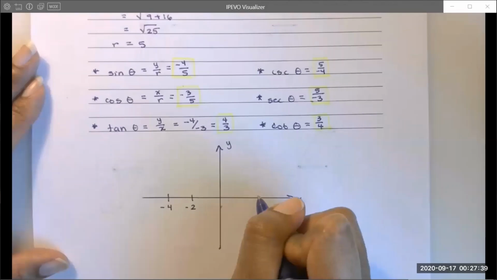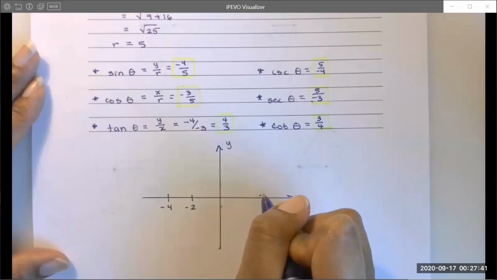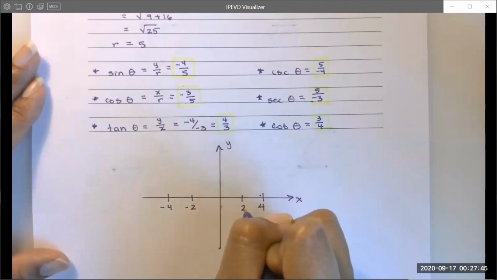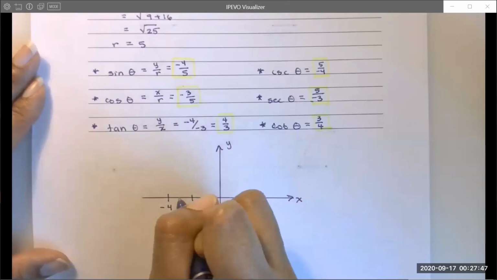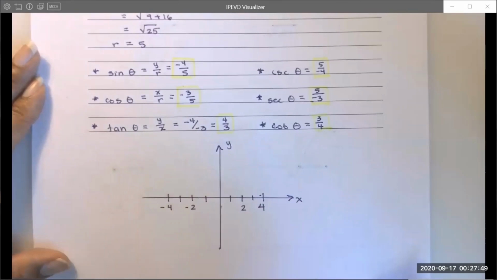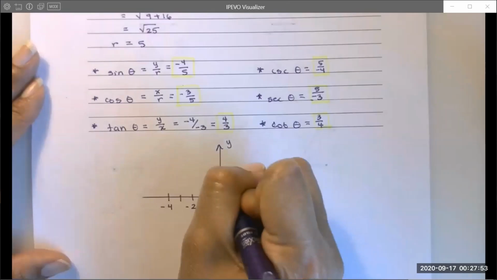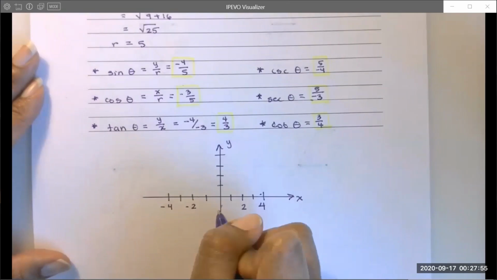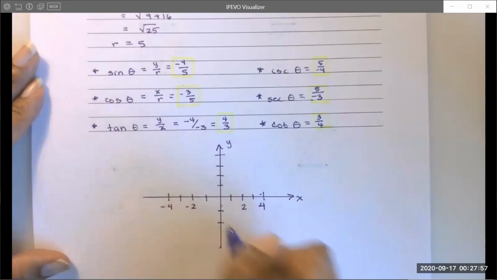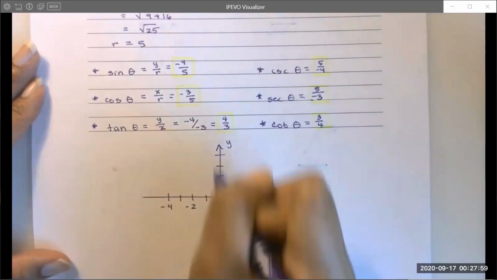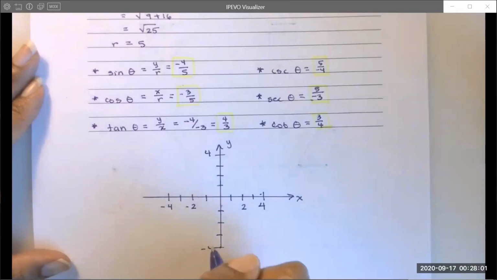Over on the side, that's approximately +4, and then 2. And then we can draw the other tick marks in between. Okay, so this will be +4 and this will be -4.